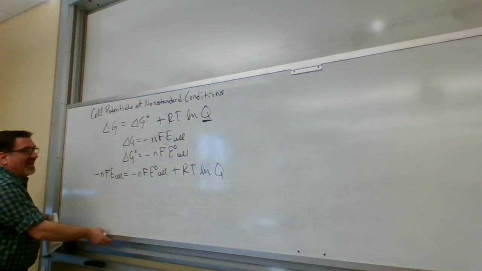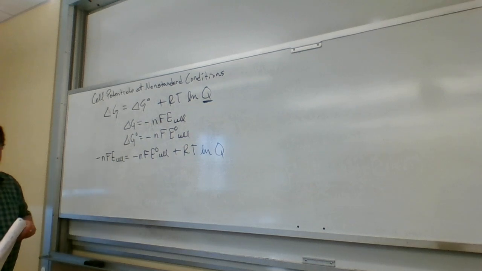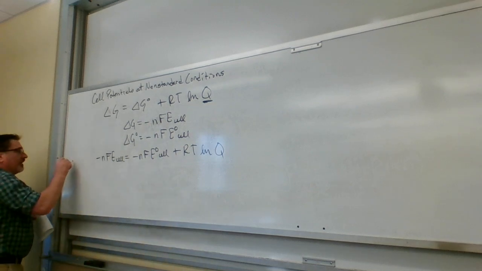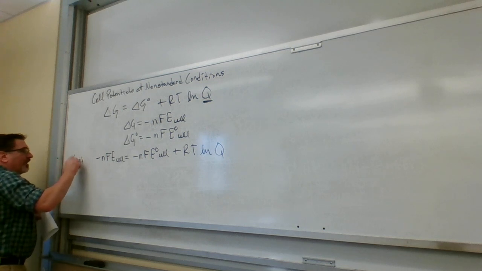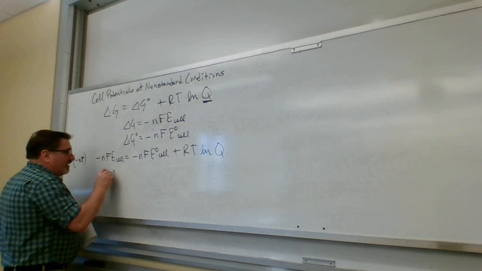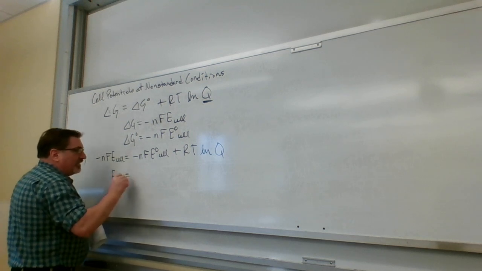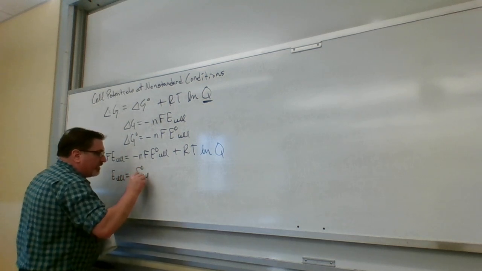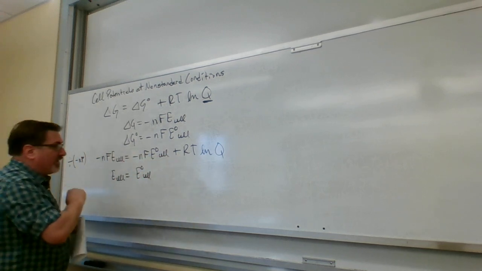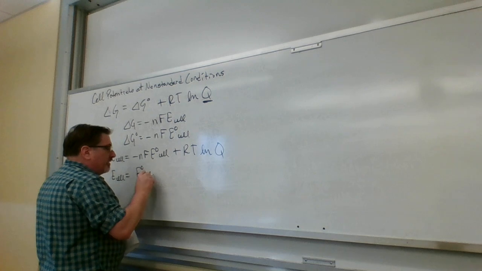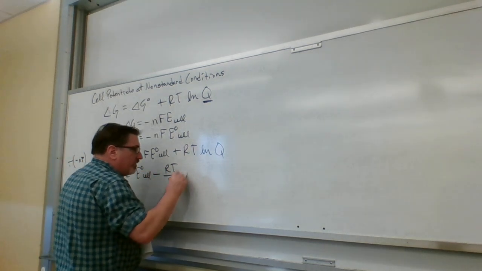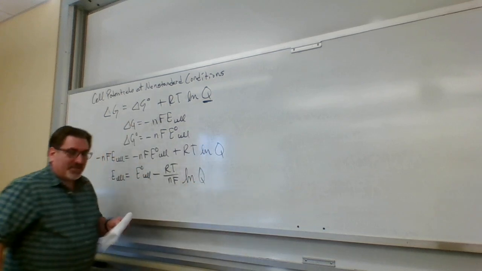And then we're going to divide everything by minus NF. So divide by minus NF, all the terms. That makes this E cell is E0 for the cell. This plus becomes a minus because we're dividing by minus NF. So minus RT over NF times the natural log of Q.